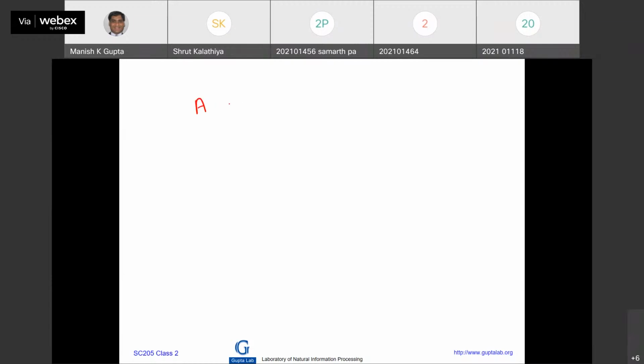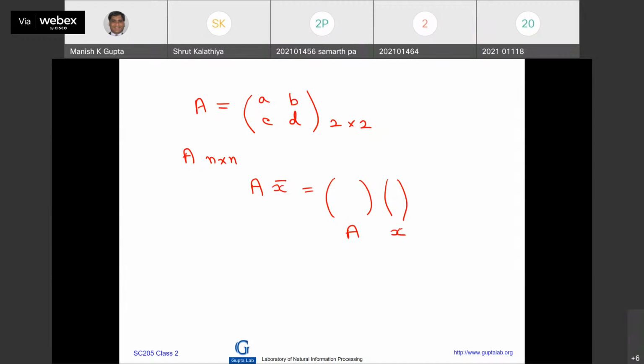If A is a, b, c, d, I am taking a 2 by 2 matrix. Or, okay, let me give you the definition in general. Suppose A is an n by n matrix. You take a matrix A, multiply with a column vector X. This is the matrix A, this is X. This is an n by n matrix, and this is n rows, one column.